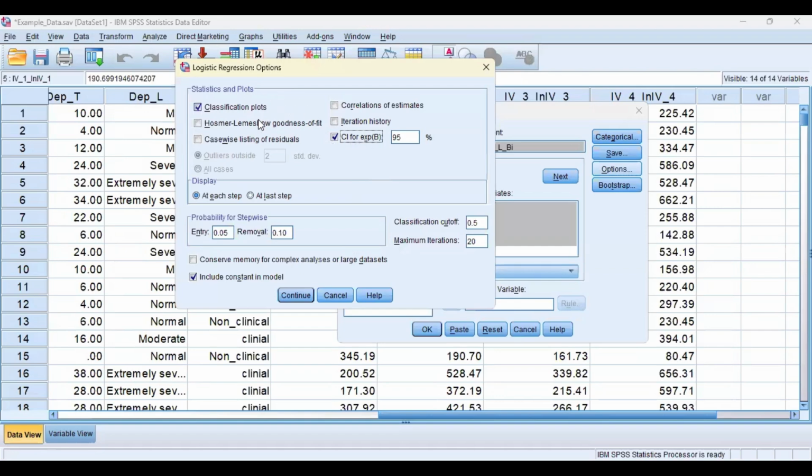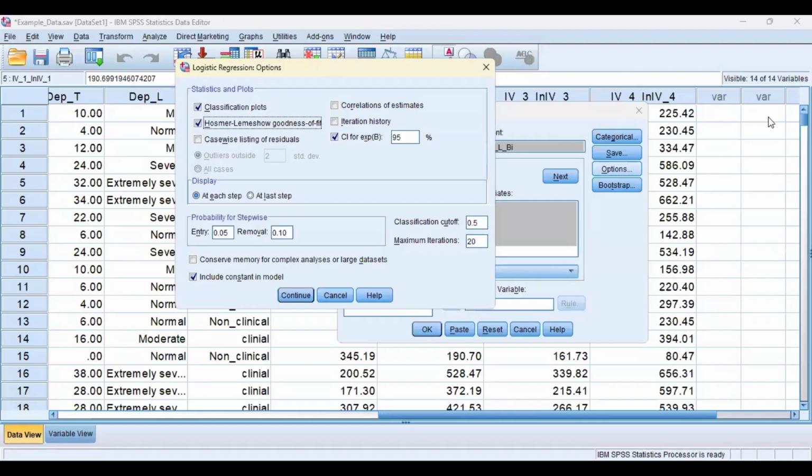And finally, I want the Hosmer-Lemeshow, if I pronounce it correctly, for goodness of fit, that can give me some measures of whether my model fits or not.